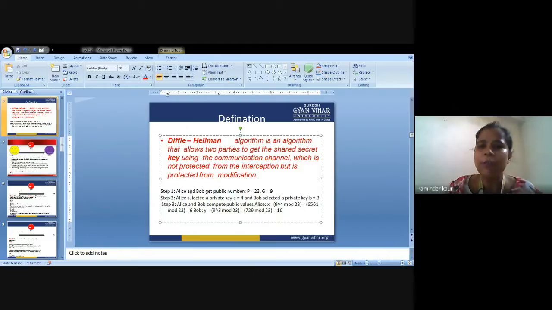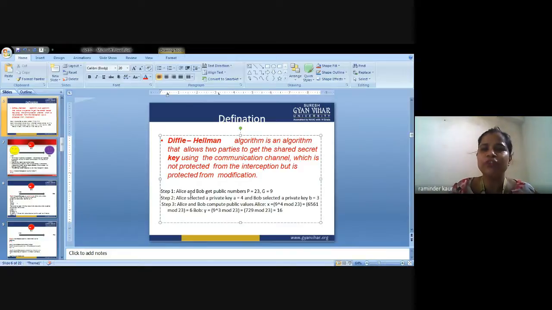So 9 raised to power 4 into modulus of 23, which is 9 into 9 into 9 into 9. Then it will be 6561 into modulus of 23. After calculating 6561 into modulus of 23, it generates the value 6.